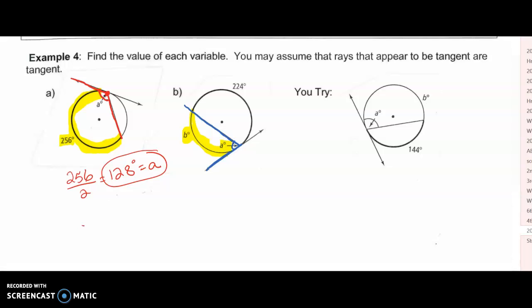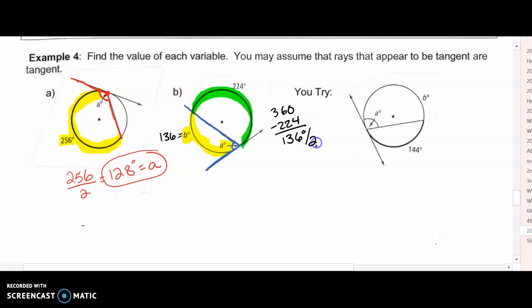So one strategy is to use 360 degrees for the whole circle minus the 224 to get 136 as the other part of the circle. So that would be our B. And then you could take half of that to get A. The angle A would come out to be 68 degrees.